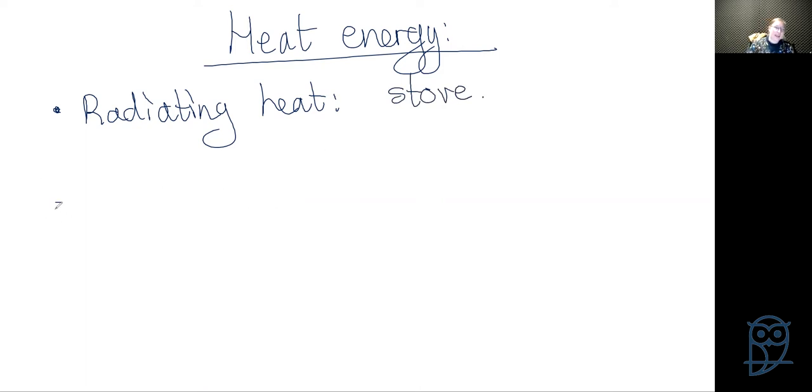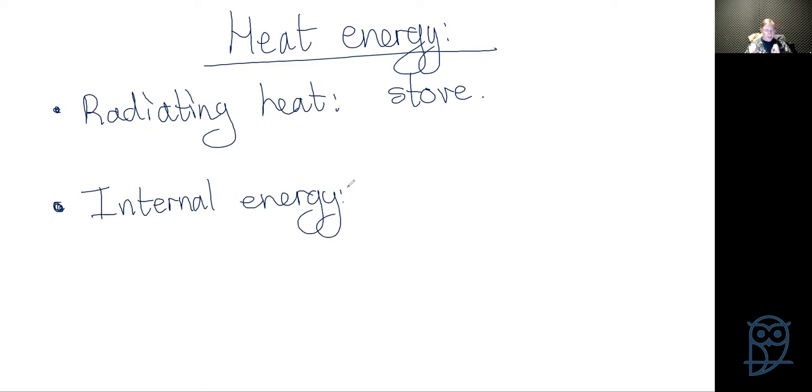The other kind of heat energy we have is called internal energy. This one is a little hard to understand, so bear with me. Internal energy is the energy the particles inside of a substance have. So here we have particles.